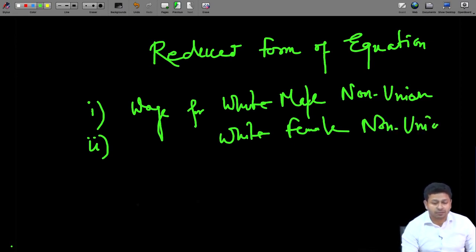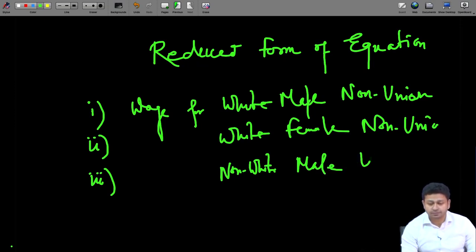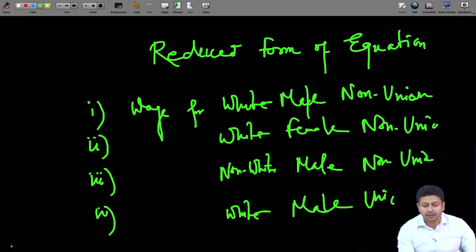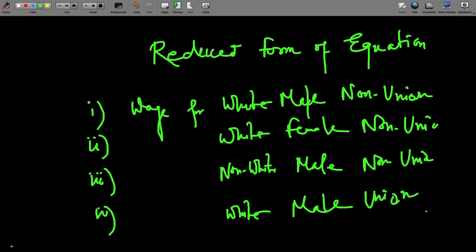Then I may want to get the case for non-white male non-union. Or I may want to get a case for white male union. So all these possible cases I want to understand using this one equation.